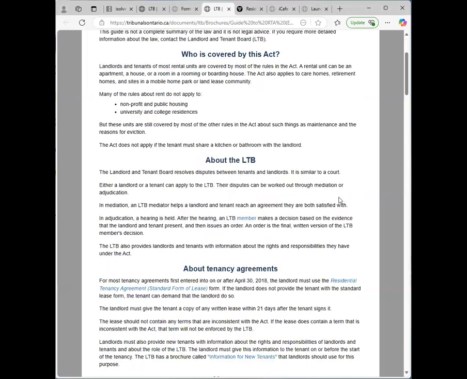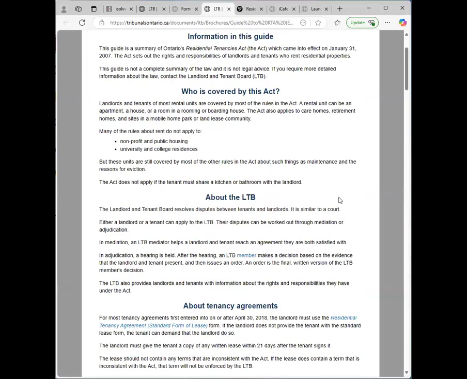So I'm going to go through some of this, and then we're going to jump into some of the other items like abandoned goods, and we're going to talk about some of the nuances that Ontario has, including their incredible pre-made forms. If you're about to get into Ontario as a landlord, Ontario has some of the best, most comprehensive pre-made forms in North America. It's pretty spectacular, actually, I must say.